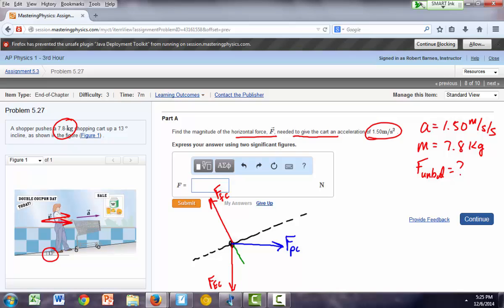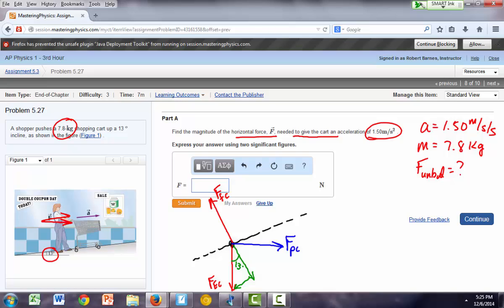However, I do have to find a perpendicular component of gravity. I've got to find a parallel component of gravity like this. I know this is the same as the angle of the incline, that's 13 degrees.